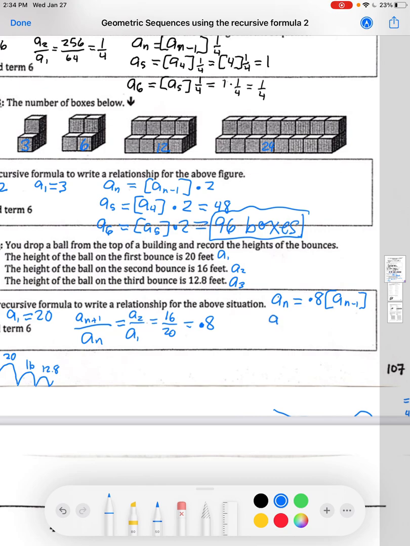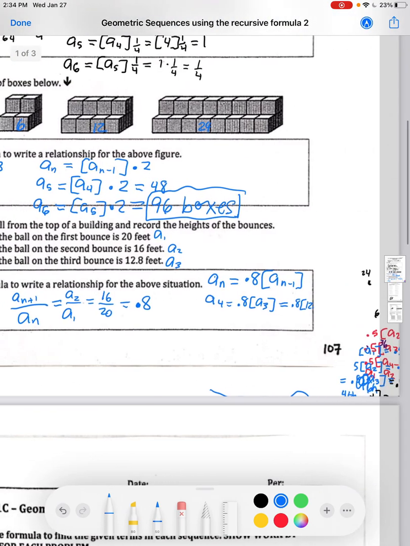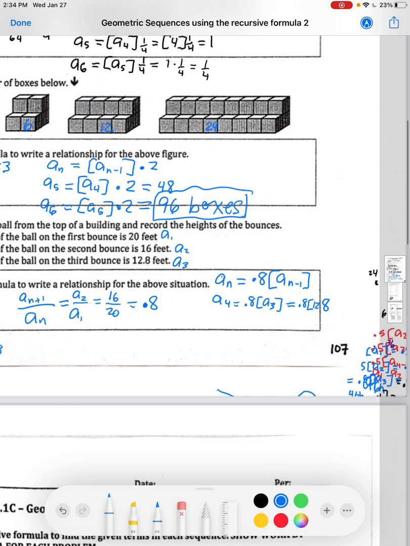So we get A of 4 is going to be 0.8 times A3, which would be 0.8 times 12.8, which is 10.24.